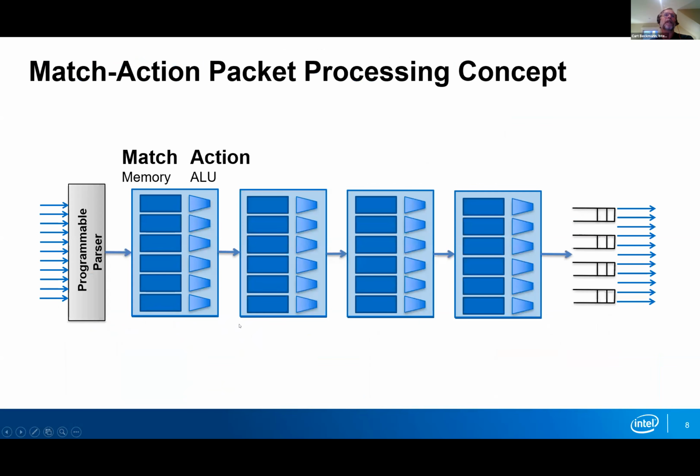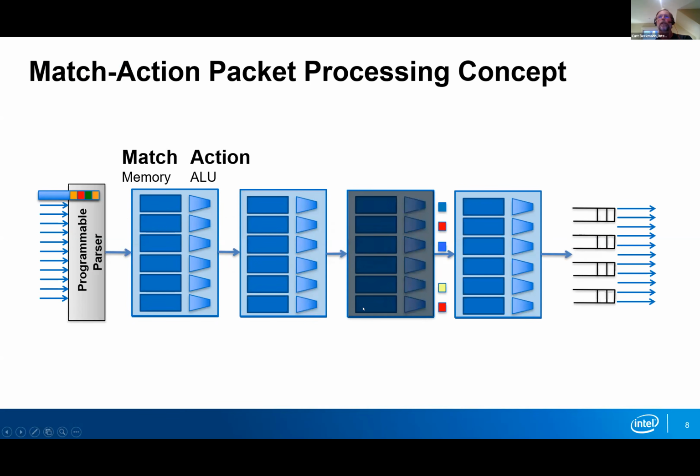Here's the simple picture again. So it goes through the programmable parser. The parser breaks things up into these header fields that are then looked up in the tables. And then manipulations are done through this match action table, and it's passed on to the next stage. And we've shown here that the header fields have changed between stage 1 and stage 2 because of that manipulation, and so on and so on.